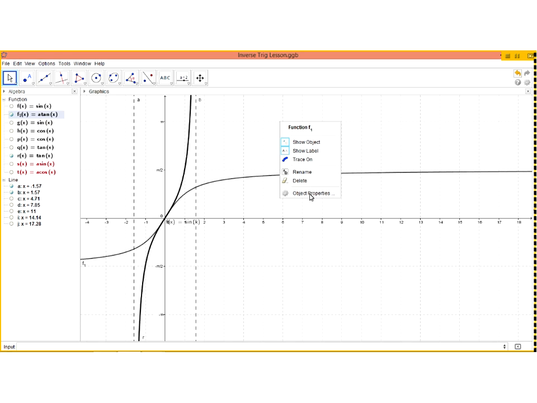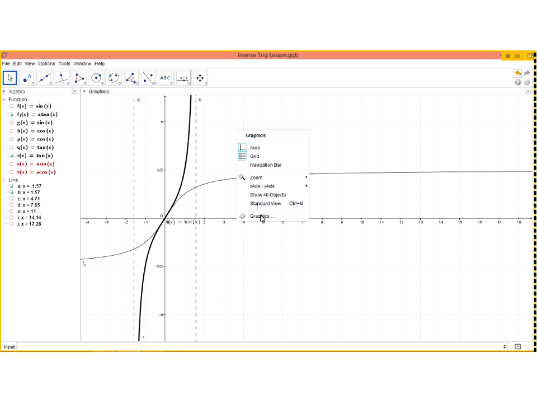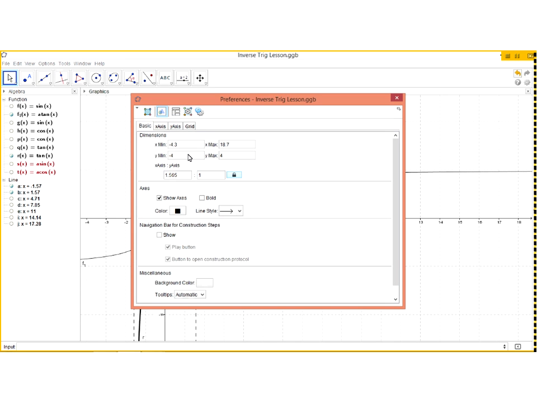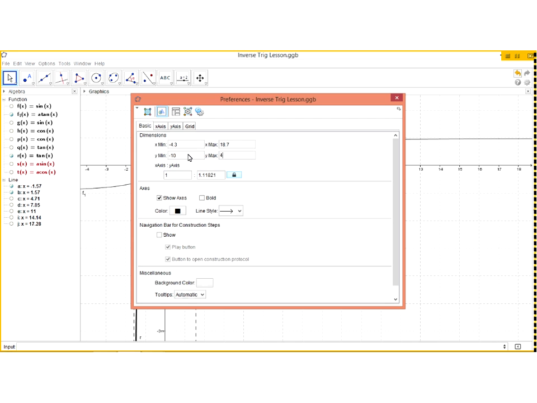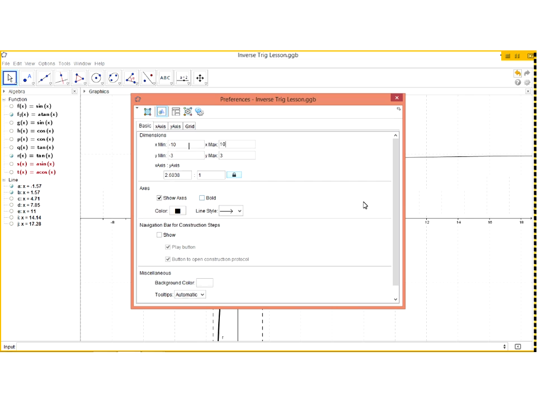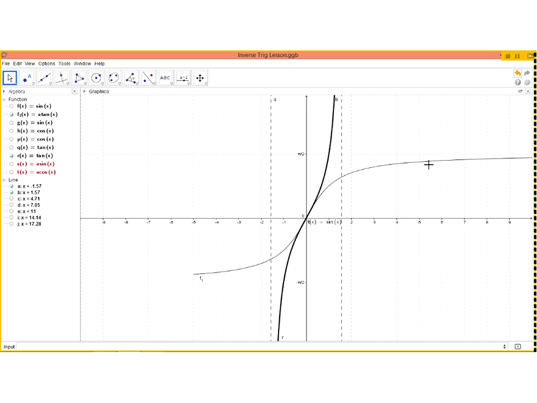Let me change my axes. There's my graph.